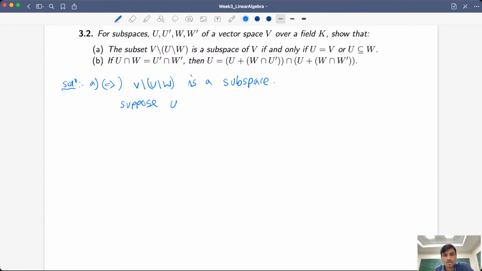Suppose U is not equal to V. That means U is a proper subspace of V. So I can pick an element which does not belong to U but belongs to V. So take X belonging to V minus U. That means it does not belong to U but belongs to V, because this is proper. So such X exists.